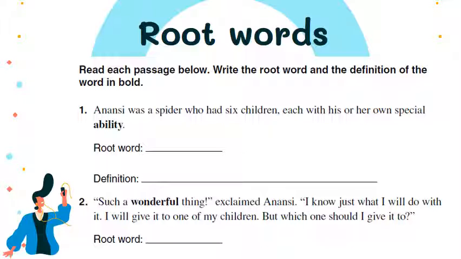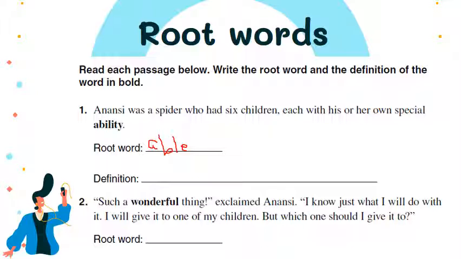What do you think the root word of ability is? Ability comes from able. So when you are able to do something, you can do something. What is the definition of ability? Ability is something that you are able to do. So ability means something that you are able to do.